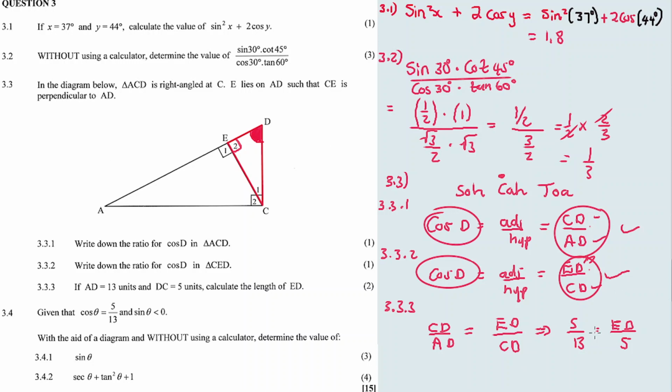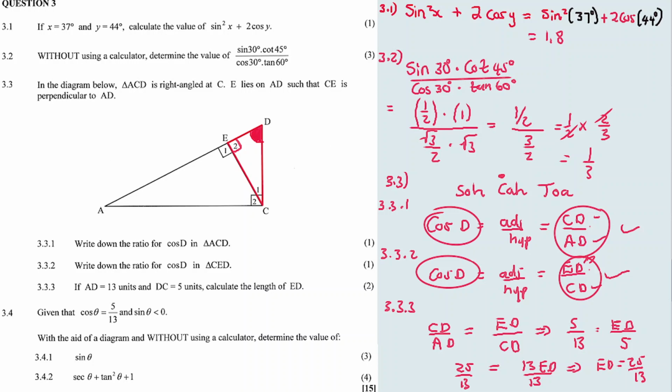Then we cross multiply. 5 times 5 is 25. 13 times ED, it's 13 ED. Therefore, divide both sides by 13. So the answer is ED equal to 25 over 13.